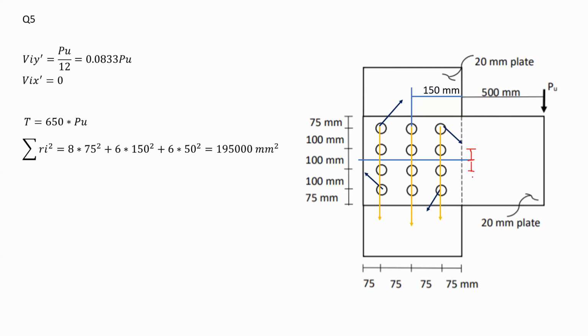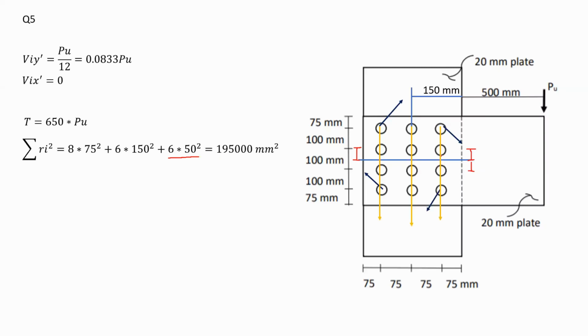If you take a look, I have 3 bolts that are located 50 millimeters away from the center of the group. That's 100, half of it would be 50. And you have 6 bolts, 1, 2, 3, and at the bottom as well. Therefore, 6 multiplied by 50 squared.